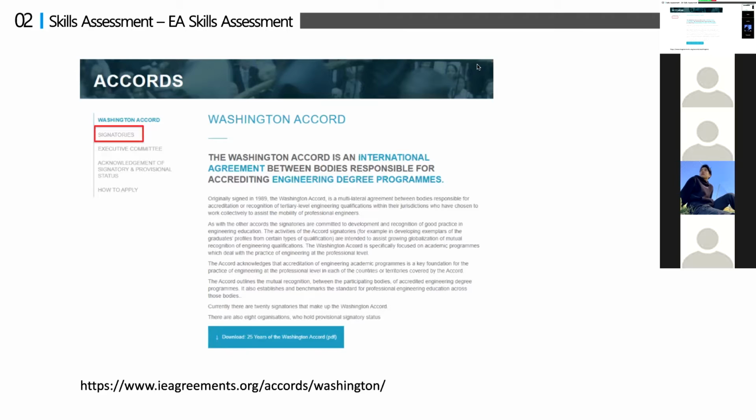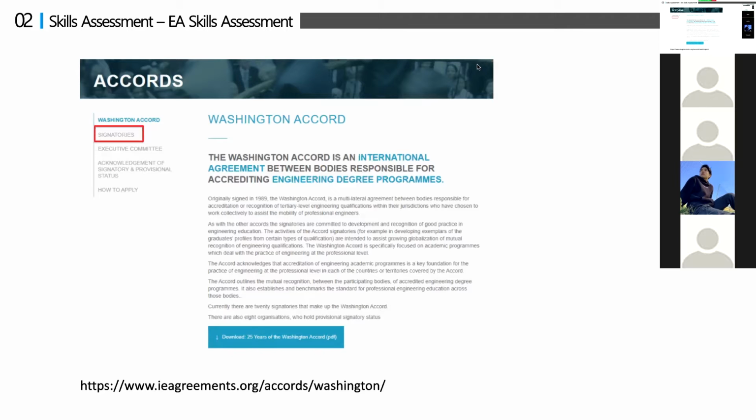So how can you find whether your course and your university are accredited by the Washington Accord? Again, I'll show you the website. You can simply come to this Washington Accord website, and on the left-hand side you can see the menu. If you click this menu, you can also see the list.